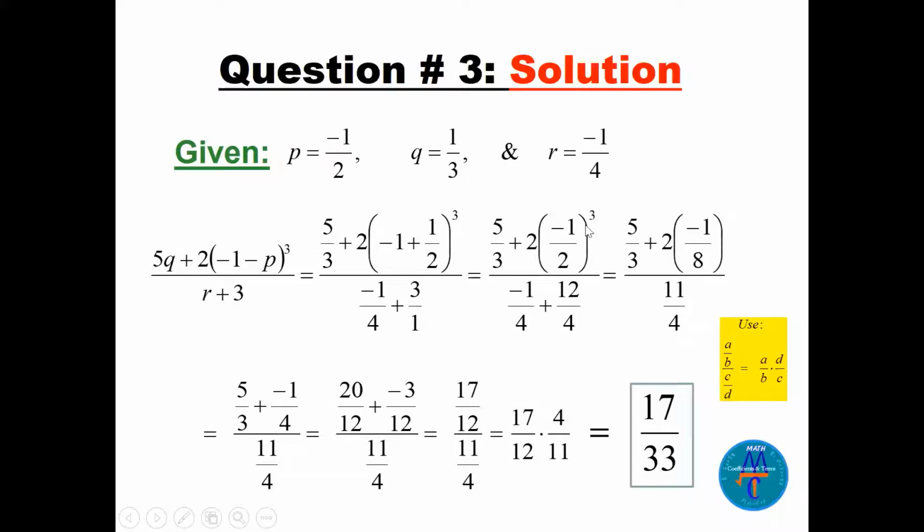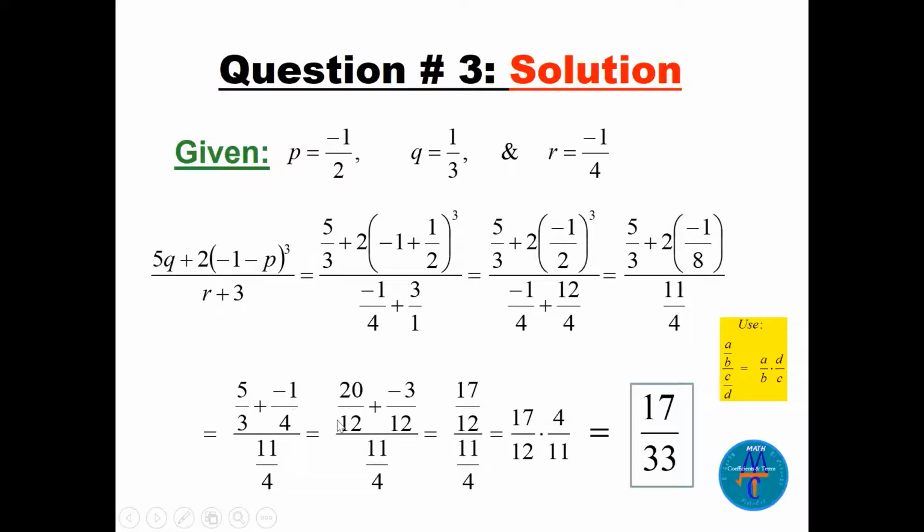Now, let's go quickly here and see. Minus 1 over 2 cubed. So minus 1 over 8. And there is a 2 outside. Multiply the 2. Minus 1 over 8 becomes minus 1 over 4. See, in the numerator here, we see the LCD is 12. See, make it 12, 3 and 4. So multiply this one by 4 and 4.